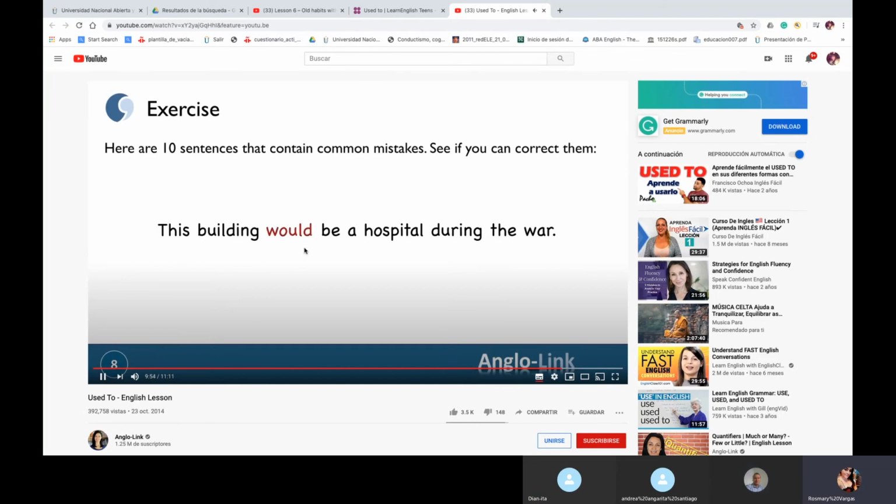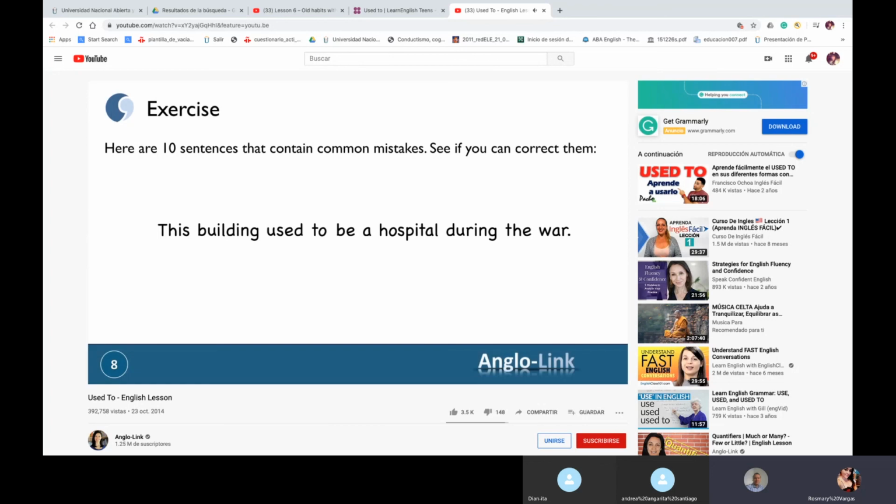As you will remember, would cannot be used in this case. This building used to be a hospital. If you translate into Spanish, it means this building used to be a hospital during the war. Solía, so we are talking about past. Would, no, because how is it translated? It would be, this building could be a hospital during the war. It doesn't make sense. Just common sense.